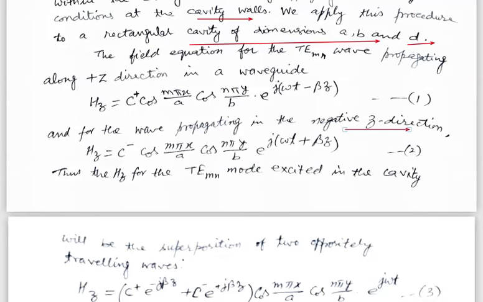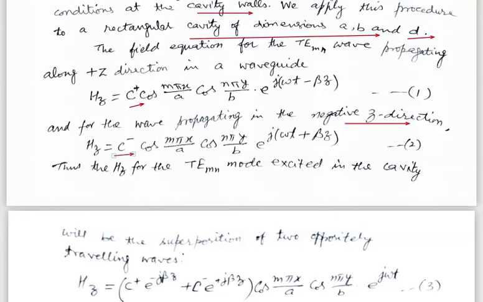In these two equations, C plus and C minus are the amplitudes of the two waves propagating along plus z and minus z directions, and along the minus z direction the exponent term e raised to the power minus j beta z is replaced by e raised to the power plus j beta z.